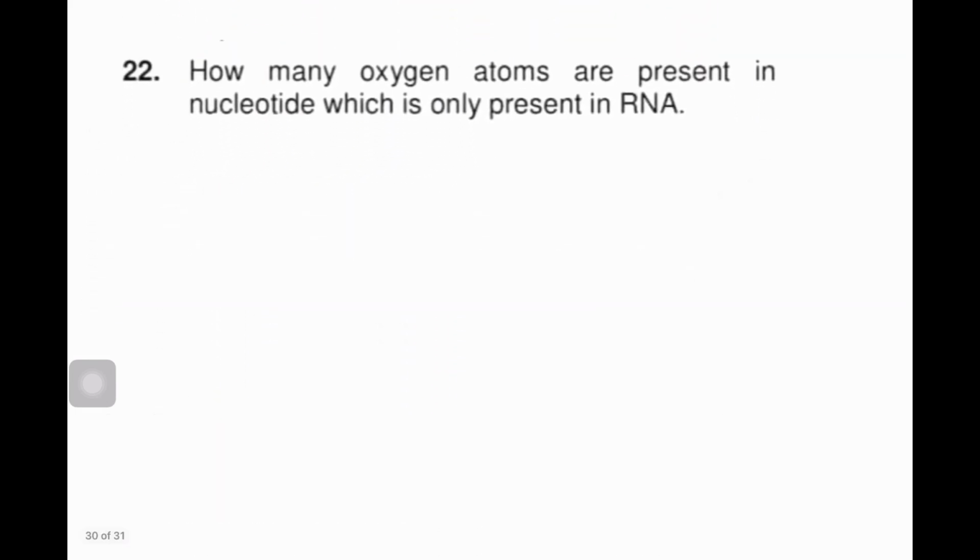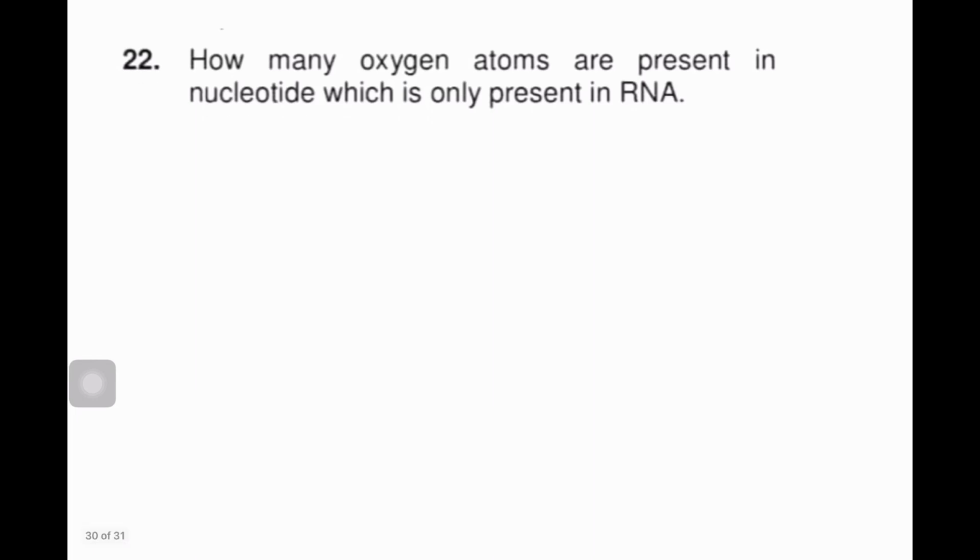How many oxygen atoms are present in the nucleotide which is only present in RNA? Okay, so the base that is present only in RNA is uracil. If you see the structure, this is uracil.